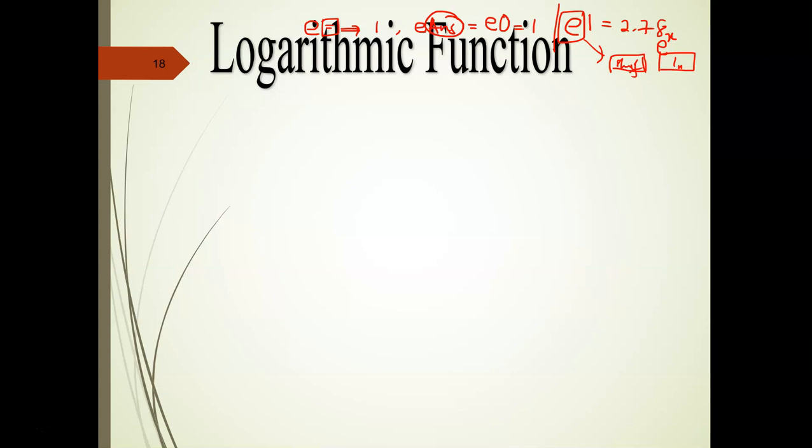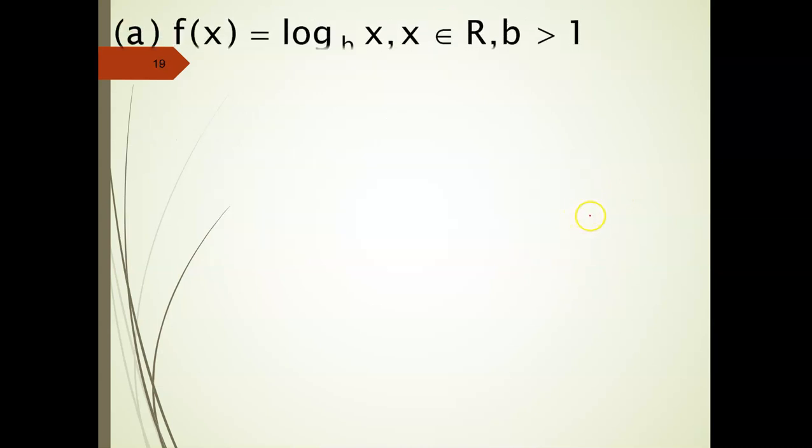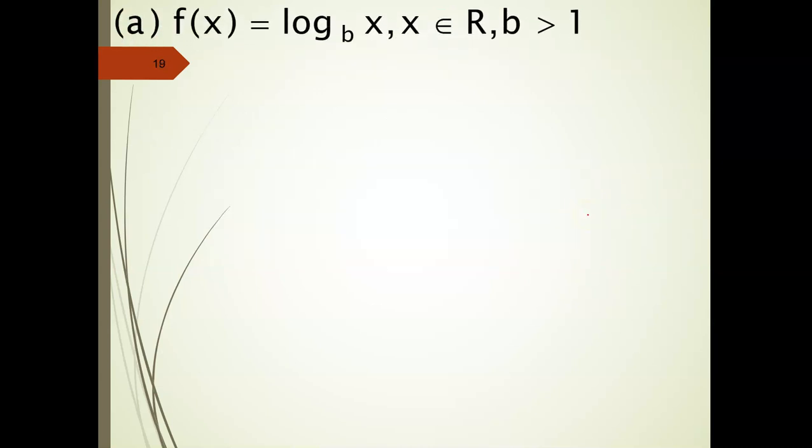Next we look at the logarithm function. What is the logarithm function? It is defined as f(x) equals log_b x, where x is a real number and b is greater than 1. There are a few cases as well, like exponential.